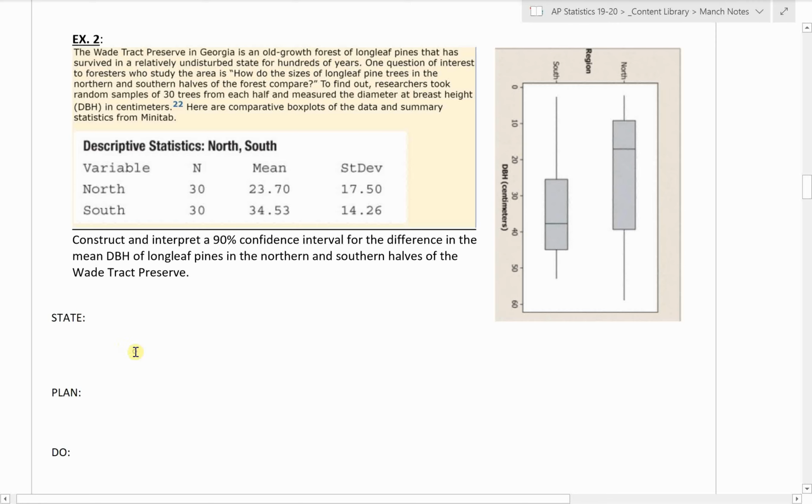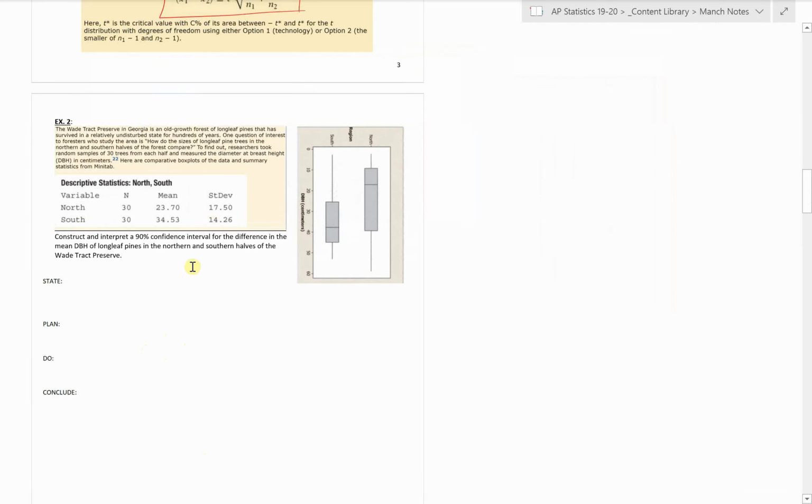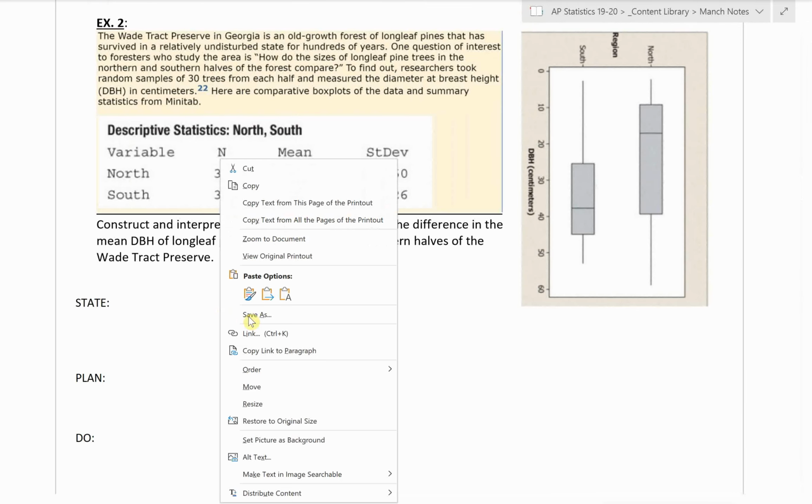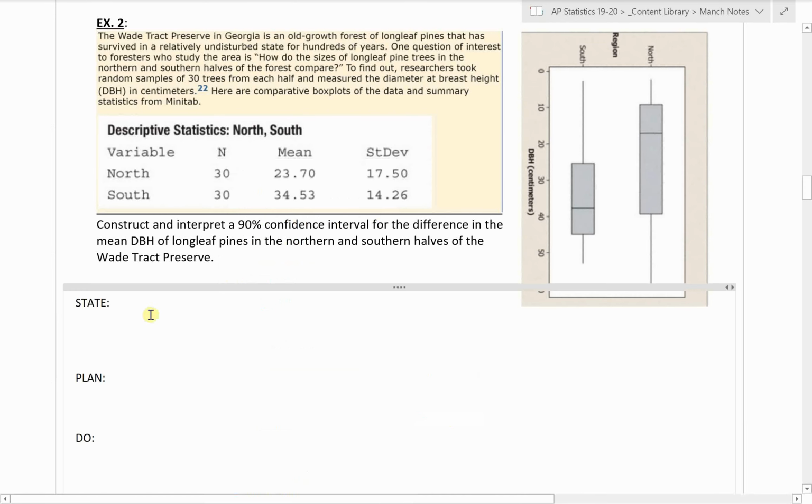So we want to start by indicating our plan: state, plan, do, conclude process. So we'll do our state step first. What we're trying to estimate is the difference between the size of the northern trees and the southern trees.